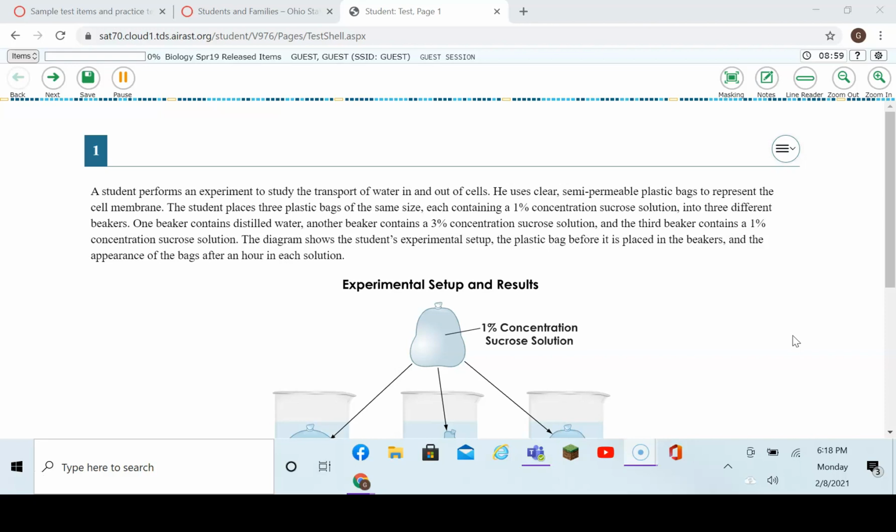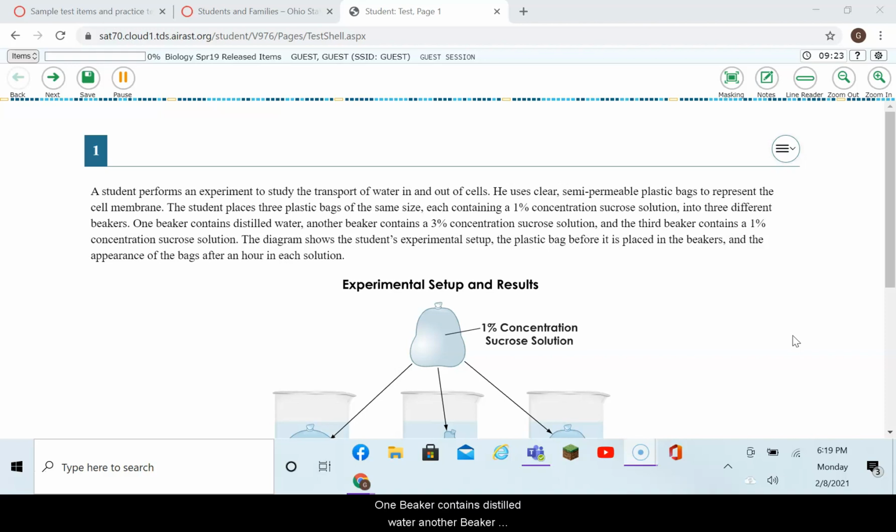Let's begin. A student performs an experiment to study the transport of water in and out of cells. He uses clear, semi-permeable plastic bags to represent the cell membrane. The student places 3 plastic bags of the same size, each containing a 1% concentration sucrose solution, into 3 different beakers.